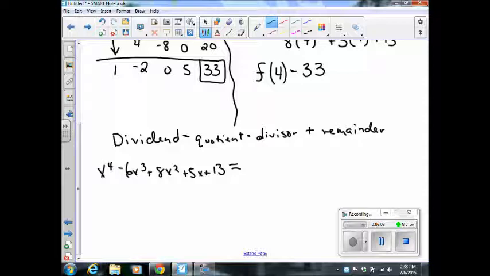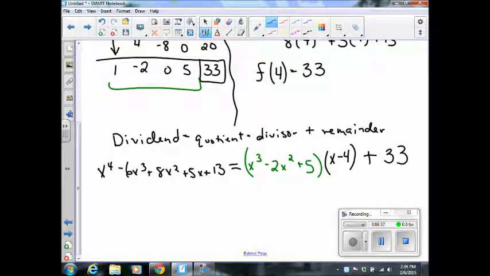That's where synthetic division comes in handy. I've got x cubed minus 2x squared plus 5. My divisor was that 4, which means it's x minus 4, plus my remainder, which was 33. This would be your remainder theorem, what they would want you to write out: your dividend equals your quotient times your divisor plus the remainder.